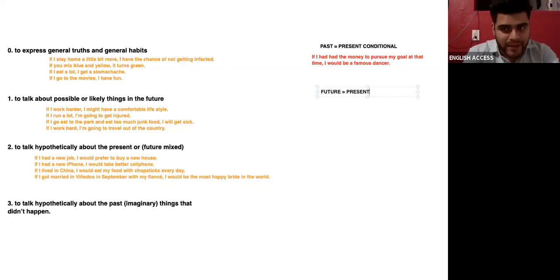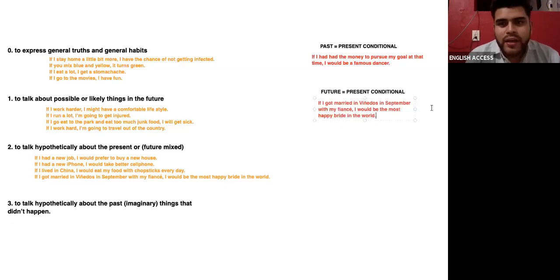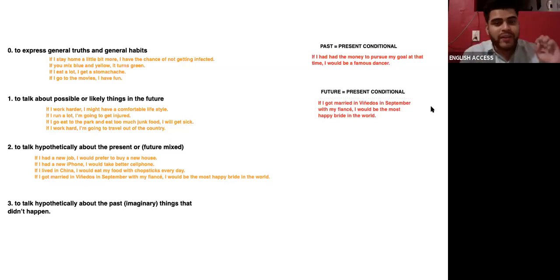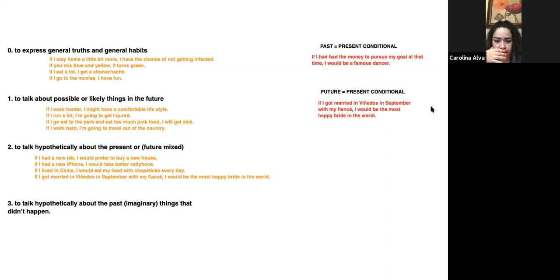This is a mixed conditional as well. It has the same structure as a second conditional, but because it has a future meaning, it is mixed, because supposedly the second conditional is only for the present. But when it's future, it's mixed. It's a good sentence though. It's good and it makes sense, you know?